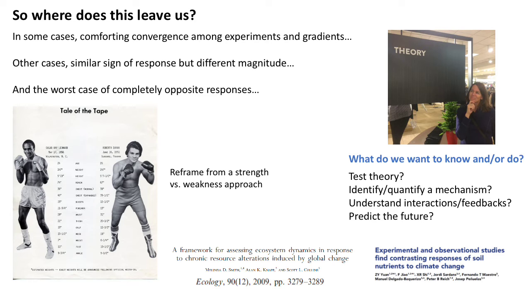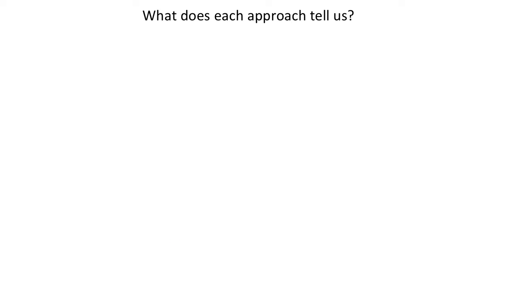And in fact, I want to talk a little bit more about that based upon these two papers here, one of which I'm a co-author on with Melinda Smith, and the second of which relates back to this soil nutrient paper that had a really nice discussion about the merits of these two different approaches. If we think about these three approaches we just talked about, they actually tell us quite different things.